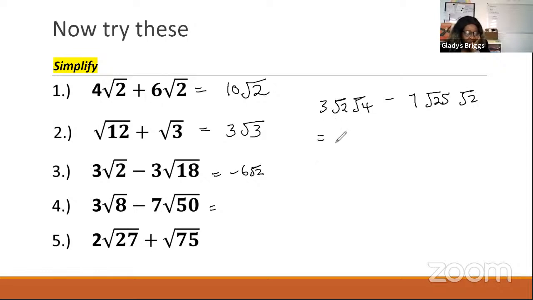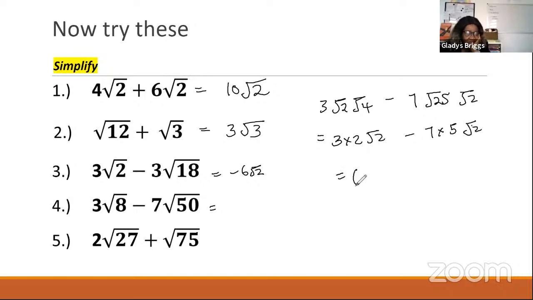So this would be equal to 3 times 2 root 2 minus 7 times 5 root 2.